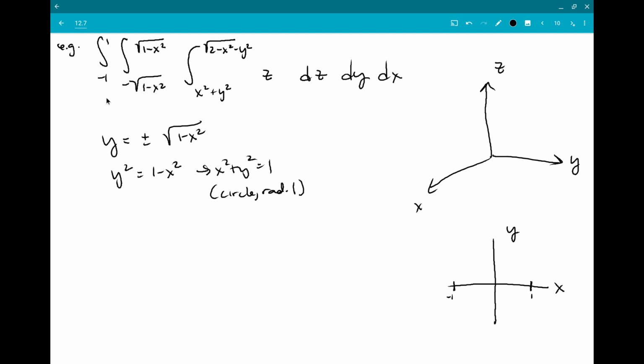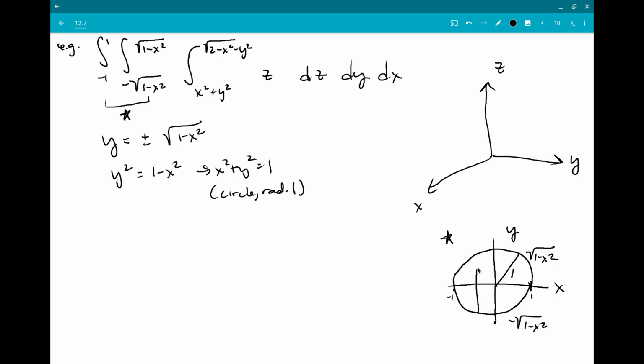So looking at just these two outer integrals, this tells me the region that I'll denote by star is a circle in the xy plane with radius 1. So here's my root 1 minus x squared. Here's my negative root 1 minus x squared.